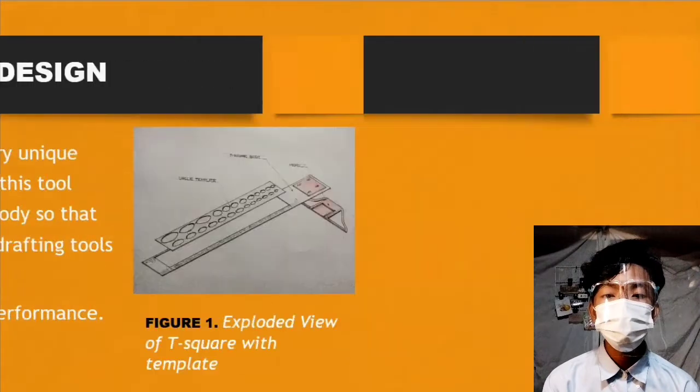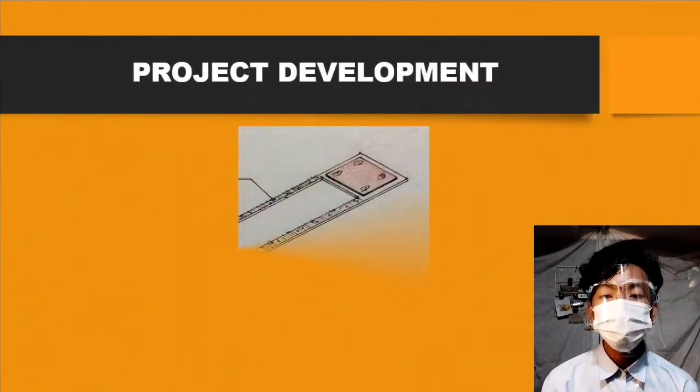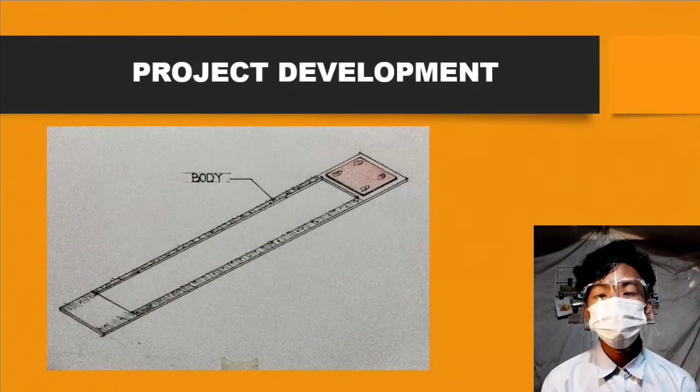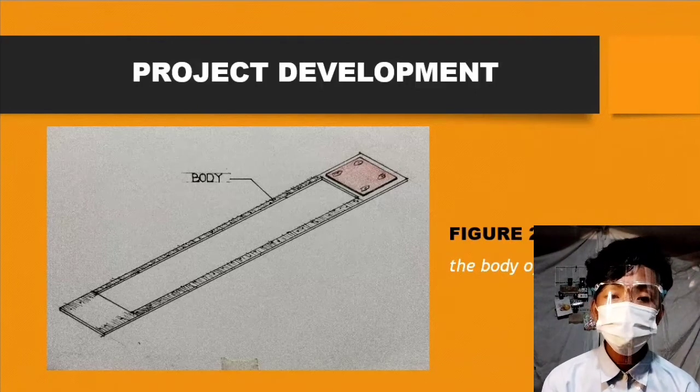Second, we have project development. In figure 2, profile view of the body of the T-square. In the picture, we can see the body of the T-square that has a rectangle type hole in the middle of the body because it is the place that the circle template touches.